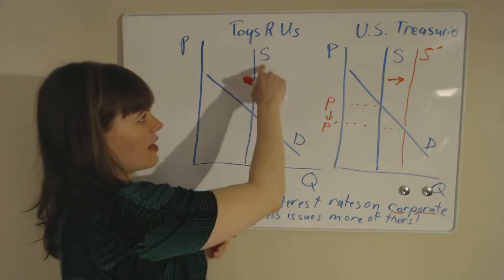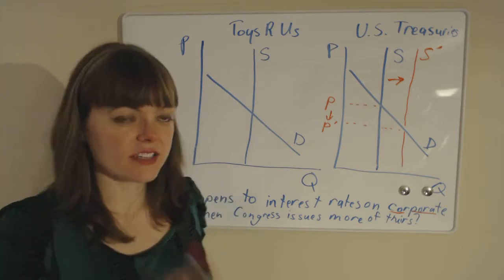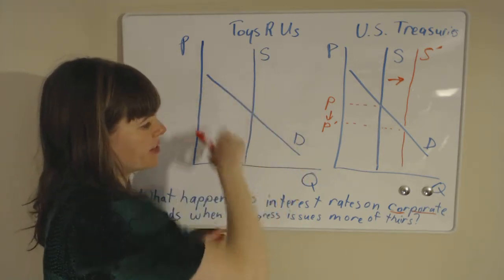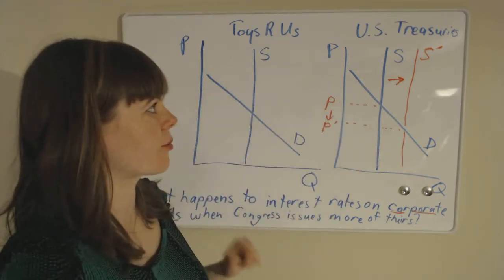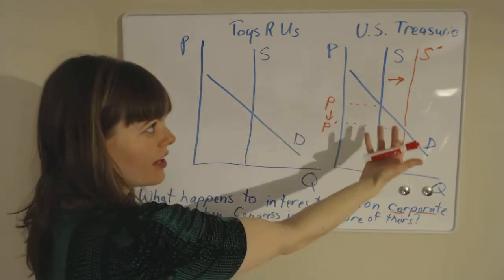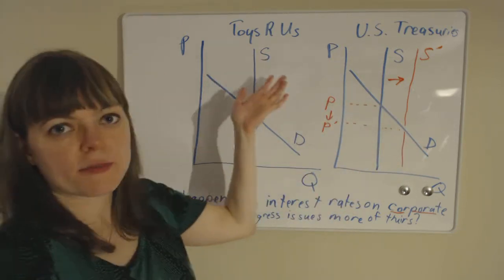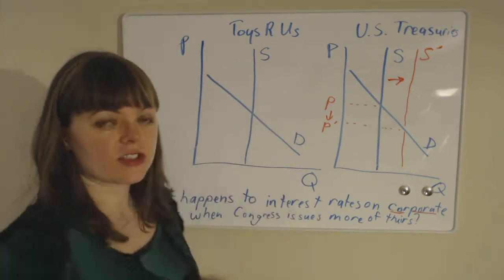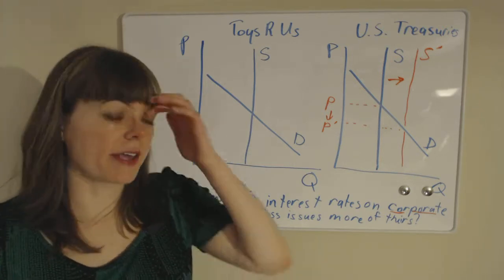And we've already decided the supply curve is staying the same since Toys R Us is not issuing any new bonds. So we really need to just ask ourselves about this demand curve. And we know that these two things are substitutes for one another. People put some of their money in U.S. Treasuries, which are super safe, and they put other parts of their money in bonds like Toys R Us bonds, and that's just a way of distributing their money across different assets as a way of diversifying.